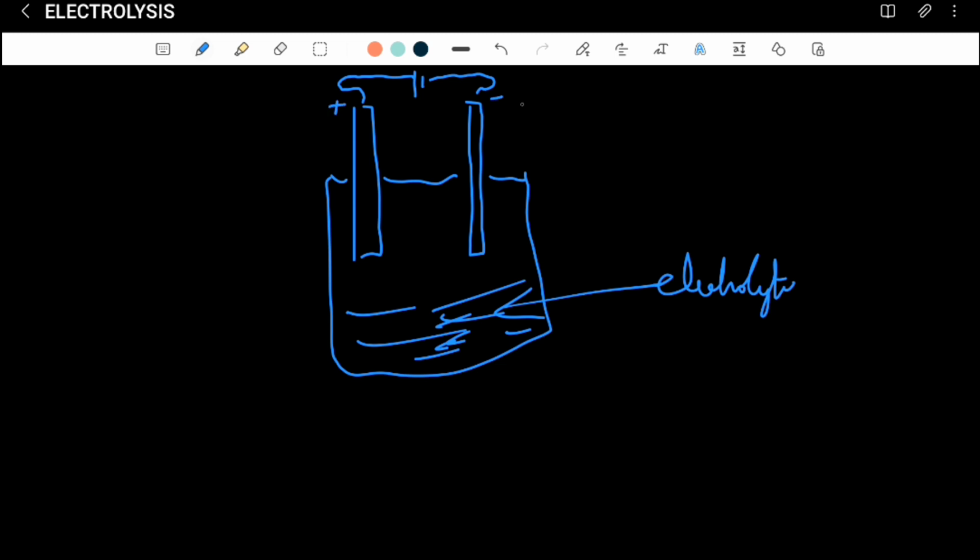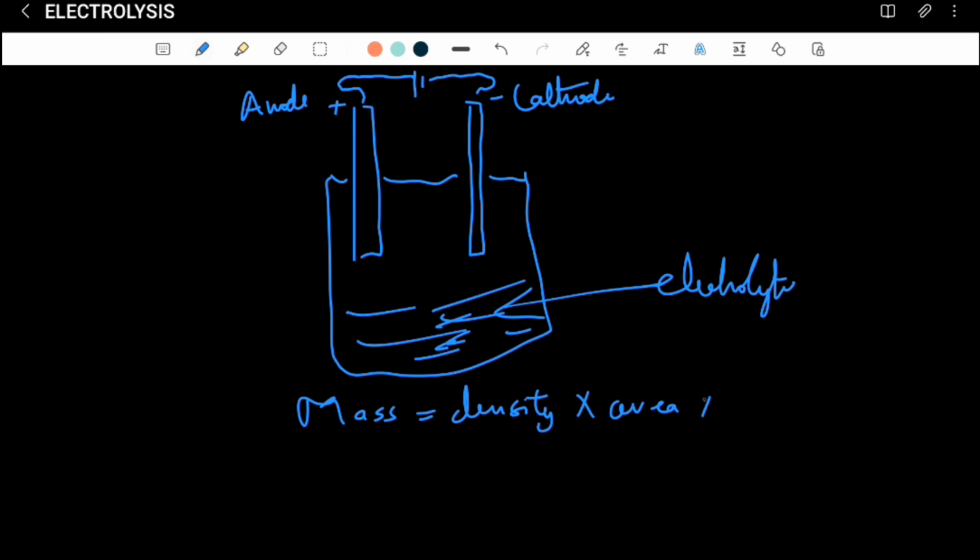Your positive is the anode, and the negative electrode is the cathode. So mass in itself, as mentioned earlier, equals density times area times the thickness.